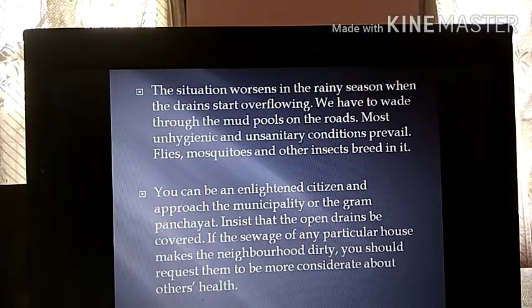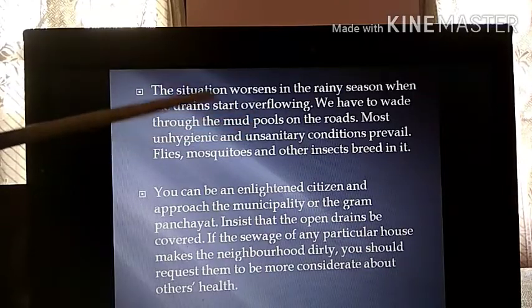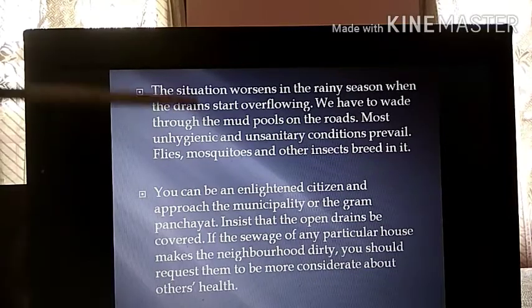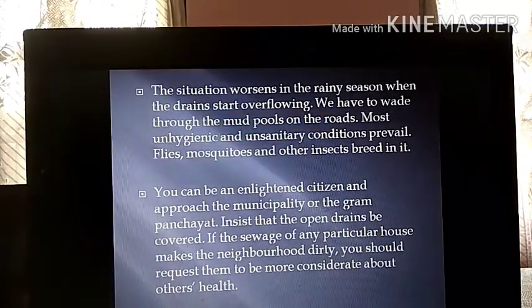Sometimes the drains start overflowing, isn't it? When you have floods, a horrible smell comes out from the roads. We have to wade through the mud pools on the roads. You have to wade through that drain water. The water from the drains will come out and you have to walk through it on the roads. Most unhygienic and unsanitary conditions prevail. Definitely, because drains are very dirty.